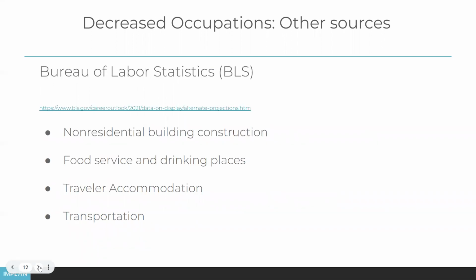And the Bureau of Labor Statistics has projected that the non-residential building construction, food service and drinking places, traveler accommodation, and transportation industries will represent the largest decreases in rates of employment change compared to their baseline growth in the coming years.